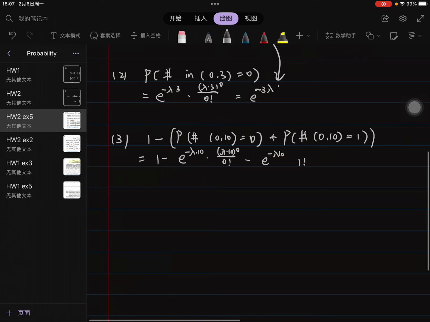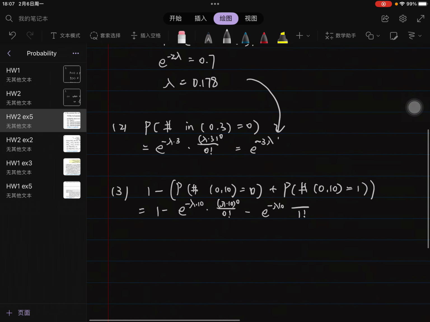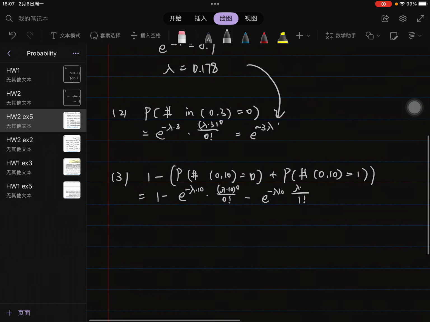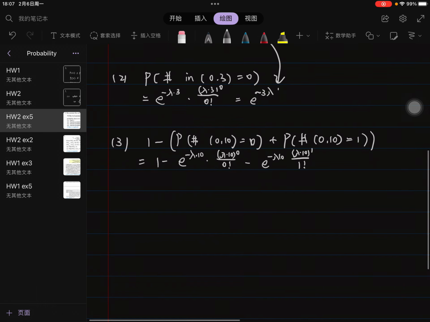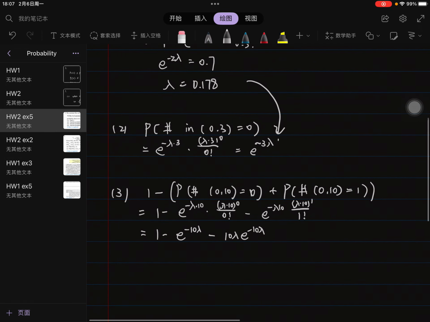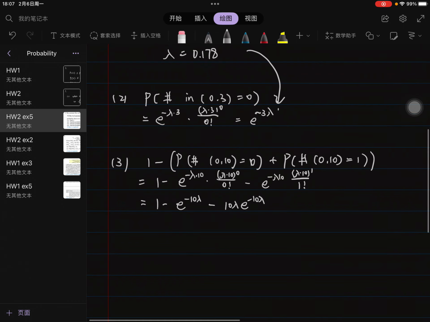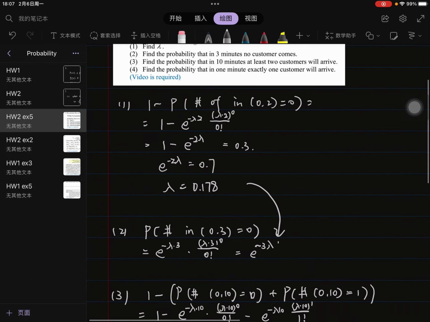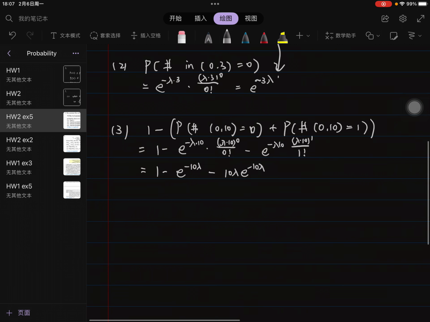Here k is 1. And lambda t is to the power of 1, right? So here is the formula for this question, and still you just take out your calculator to do this, and we can get the result.